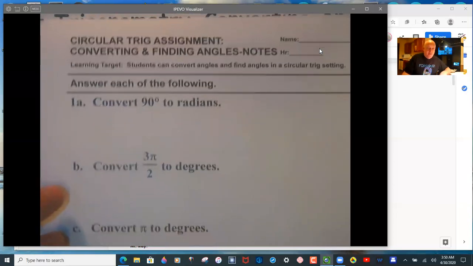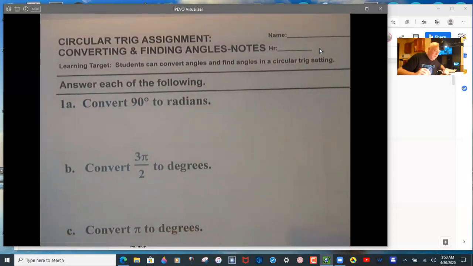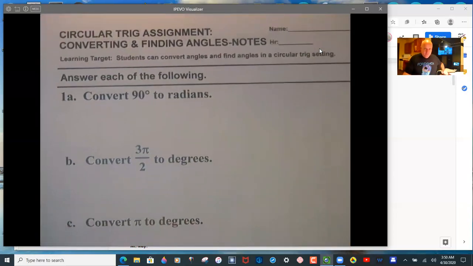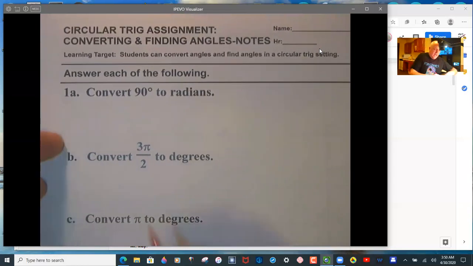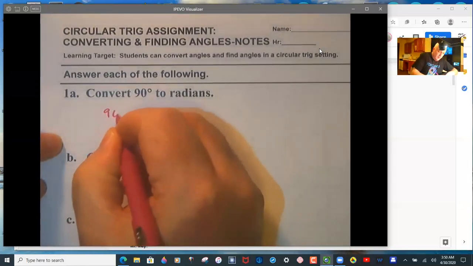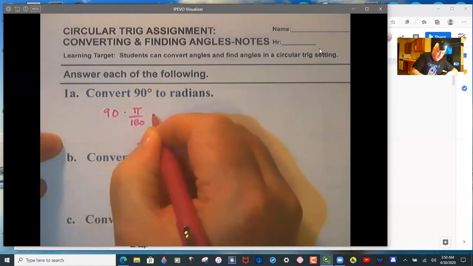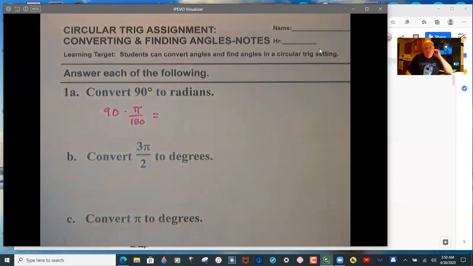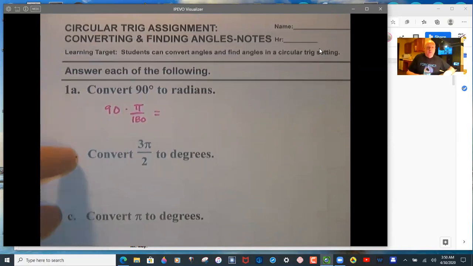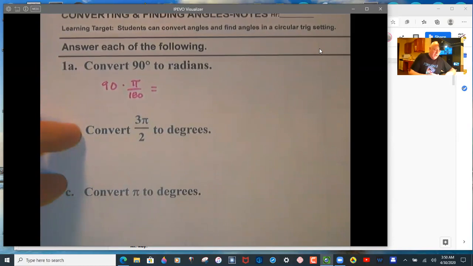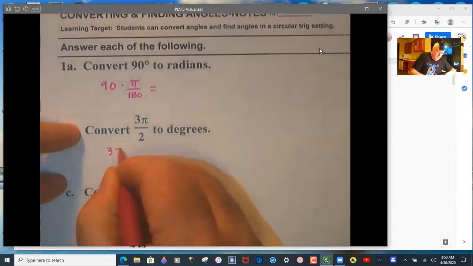So what does it look like? Now, remember, 90 degrees. We need to put pi in the answer, so we're going to multiply this by pi over 180. And I'm going to tell you, you're going to want a calculator with a good fraction entry tool on it, because there's going to be a ton of fractions that you're going to have to simplify and reduce.